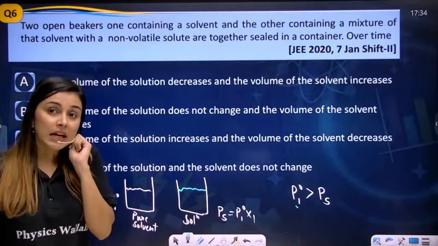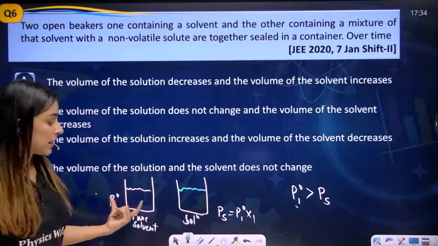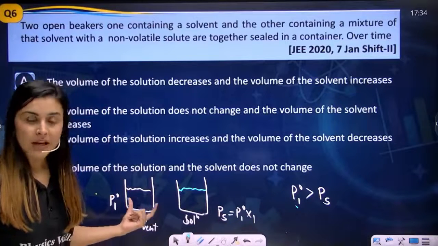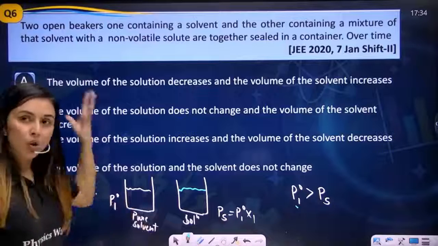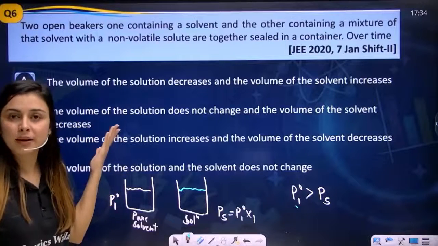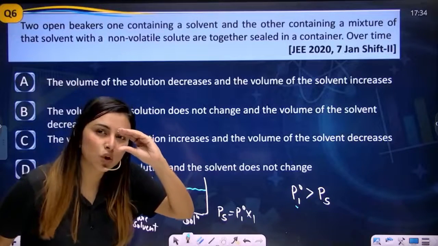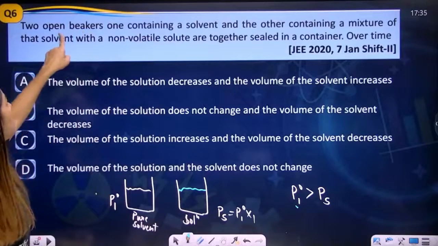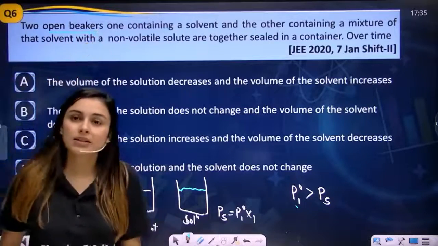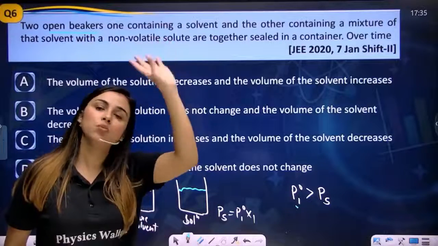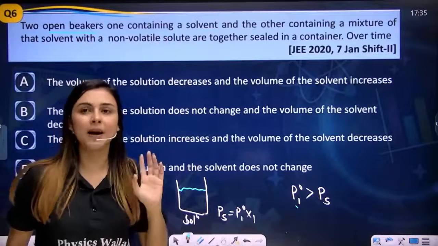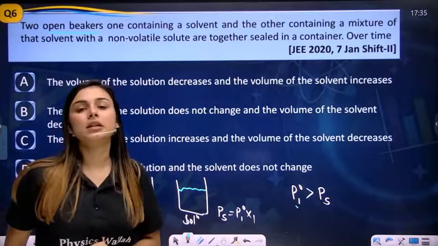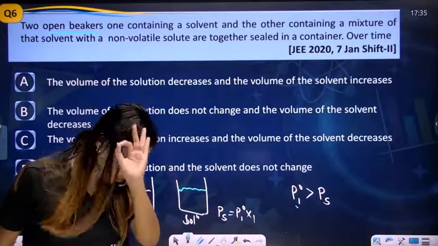If this solvent is forming more vapors, more of the particles will go outside and form vapors, so its volume will start decreasing. Since it is an open beaker, the vapor will just move out. It will not come back. This is the tricky part here.